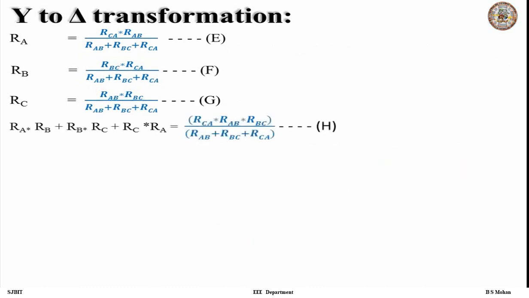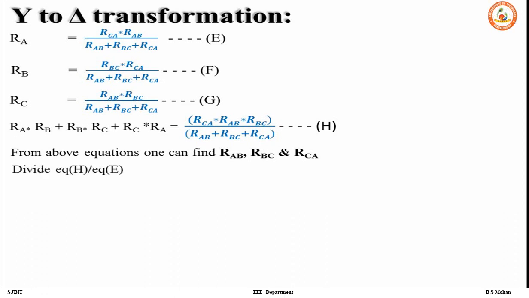Now using equations E, F, G and H, we can now find the equivalent delta parameters RAB, RBC and RCA. So one has to divide equation H by equation E or equation F or equation G. So we are showing for one, and then we'll analyze for other two parameters.